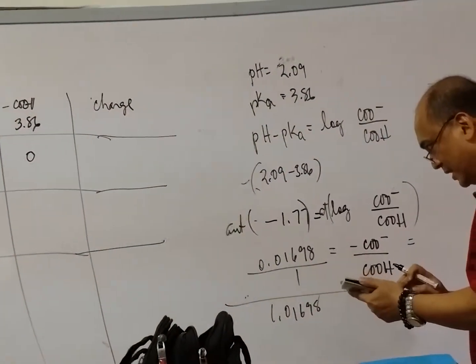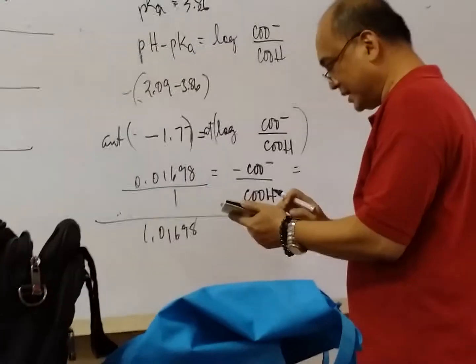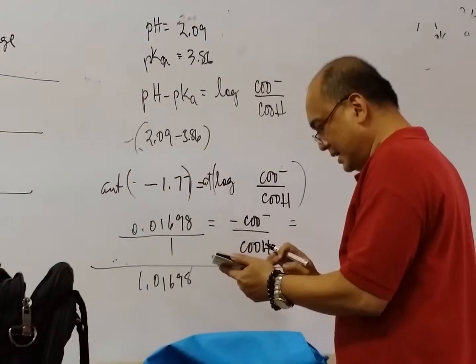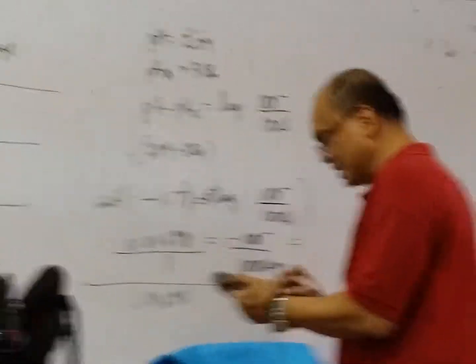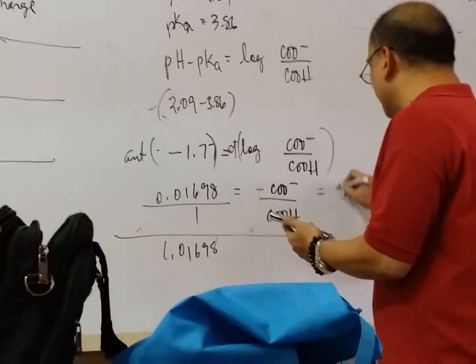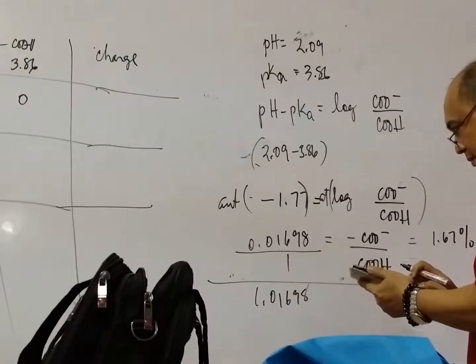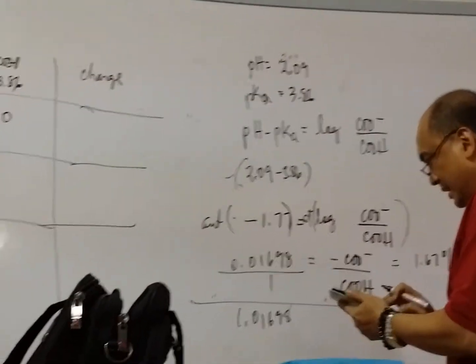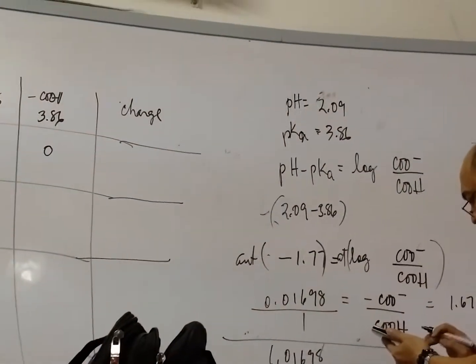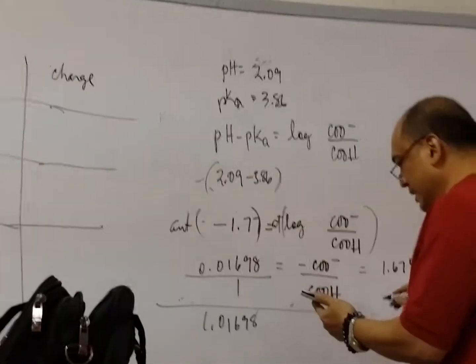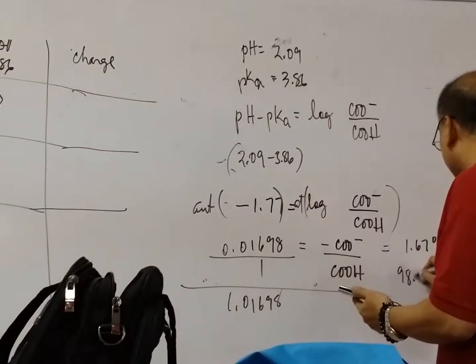So what is the percentage of this? Percentage is 0.01698 divided by 1.01698 times 100. It's about 1.67%. And then the other one is 1 divided by 1.01698 times 100. It's about 98.32%.